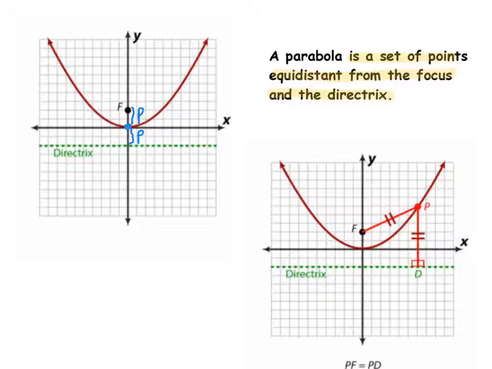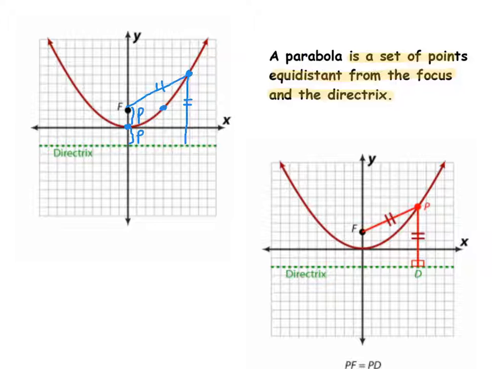Now, by the definition of a parabola, if we choose any point on the parabola, so if I chose that point, or if I chose this point up here, the distance from the focus to that point, and from that point to the directrix, are going to be the exact same distance. Or let's try a different point.